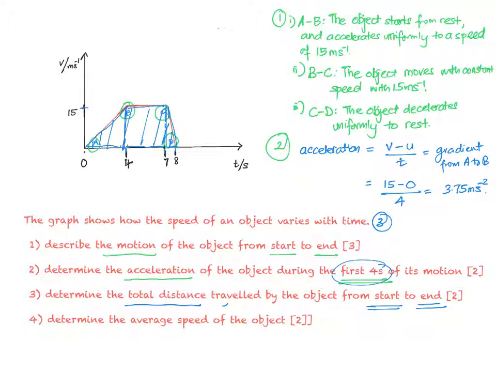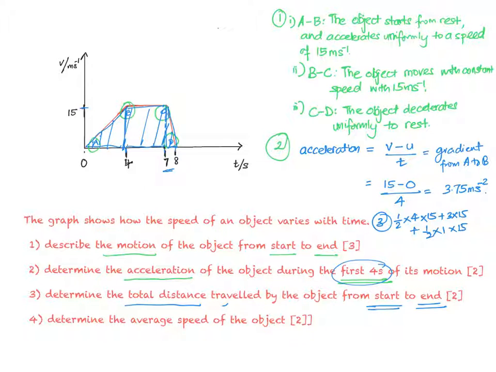If you work it out, let me quickly write that down: half times 4 times 15, plus 3 times 15, which is the area of the rectangle, and the other one half times 1 times 15, since the time frame here is 1.